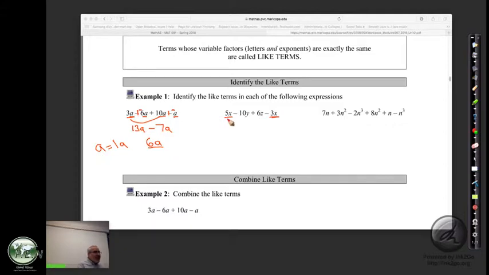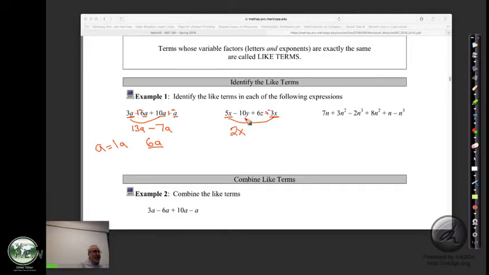No, they're not like terms, but we can combine the 5x and the negative 3x. Again, a lot of times I think of this as adding a negative 3. So when we combine 5x with a negative 3x, what do we end up with? 2. We've got 5, basically take away 3. 2 are left. 5 take away 3, so we can combine these two.